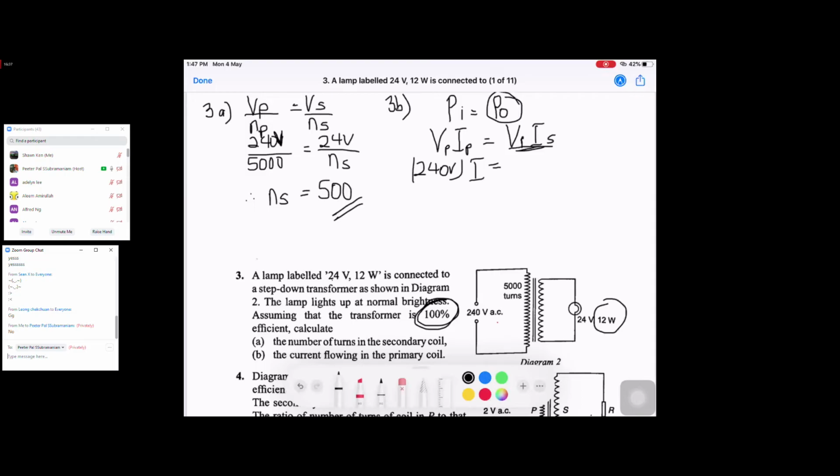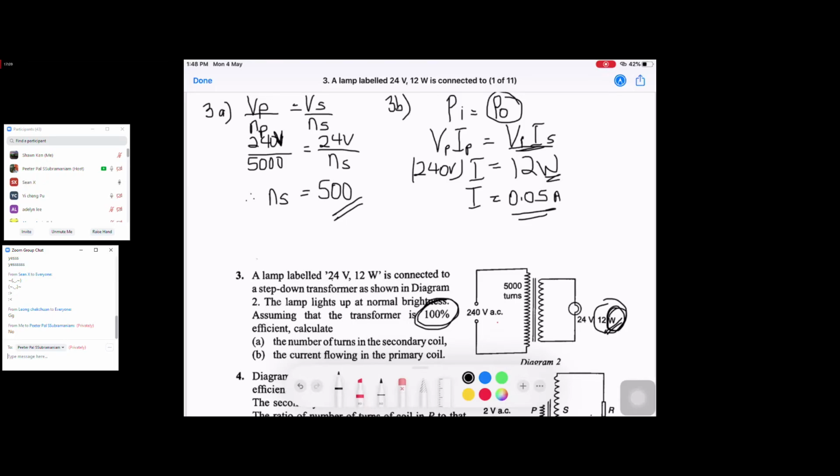So what is the current value? Who has the answer? 0.05.